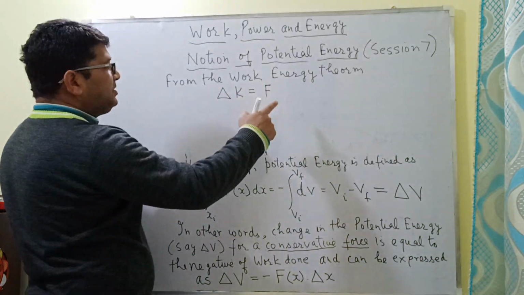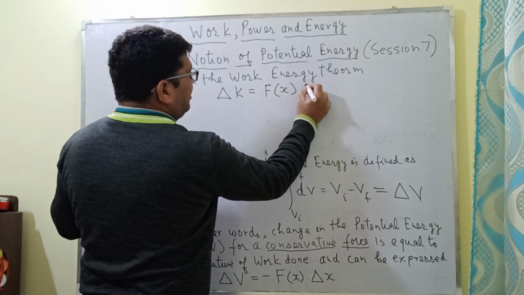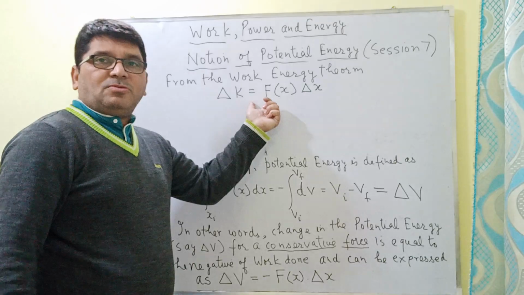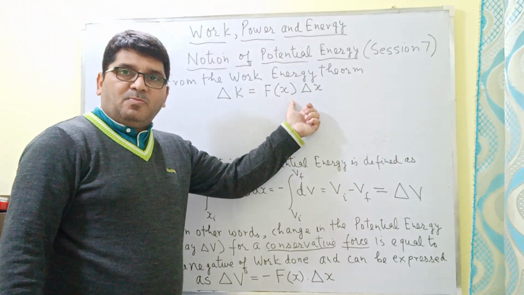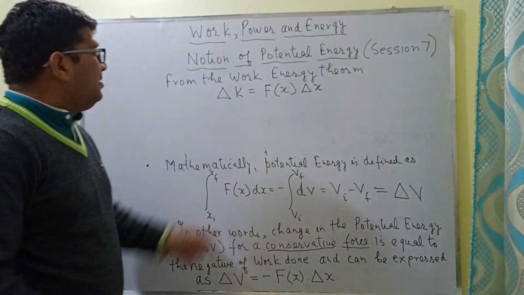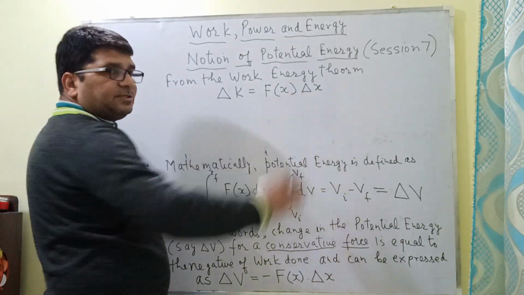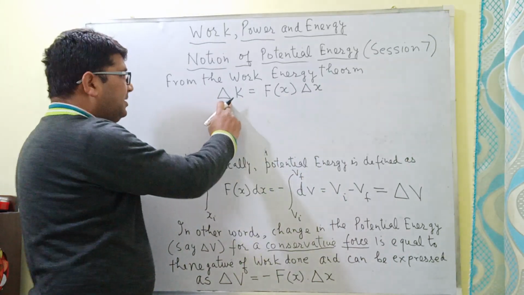So from the work energy theorem, delta K is equal to Fx delta x, that is the change in the kinetic energy is equal to the net work done on the body.